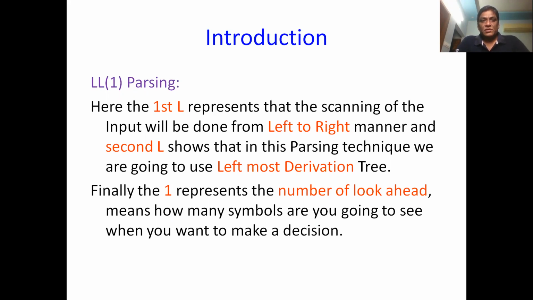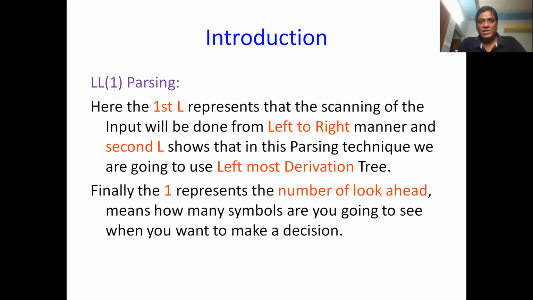What does this LL(1) actually mean? We need to understand that first. In LL(1) parsing, the first L stands for the input string being parsed, or scanned, from left to right. So the direction of scanning the input string under parsing is from left to right. And the second L means that the parsing technique makes use of leftmost derivation while constructing the parse tree.